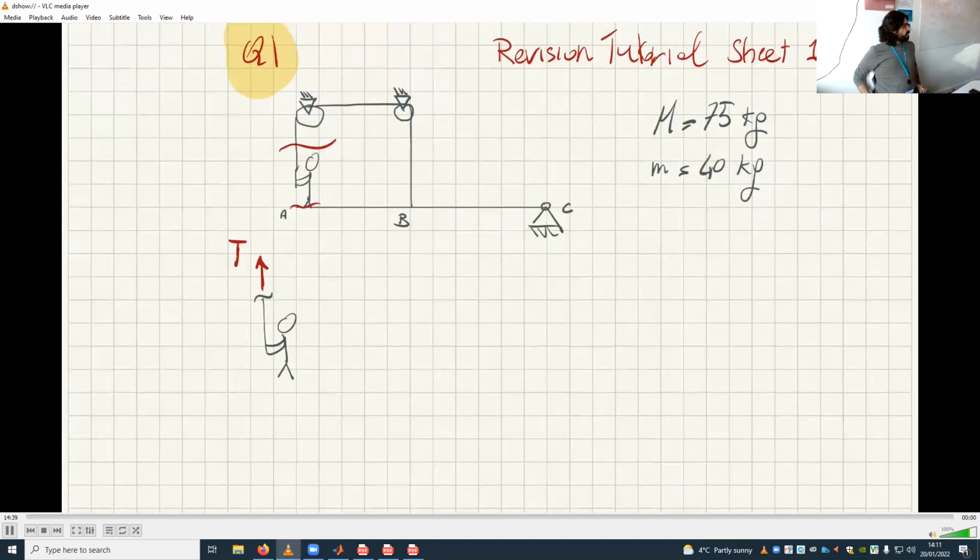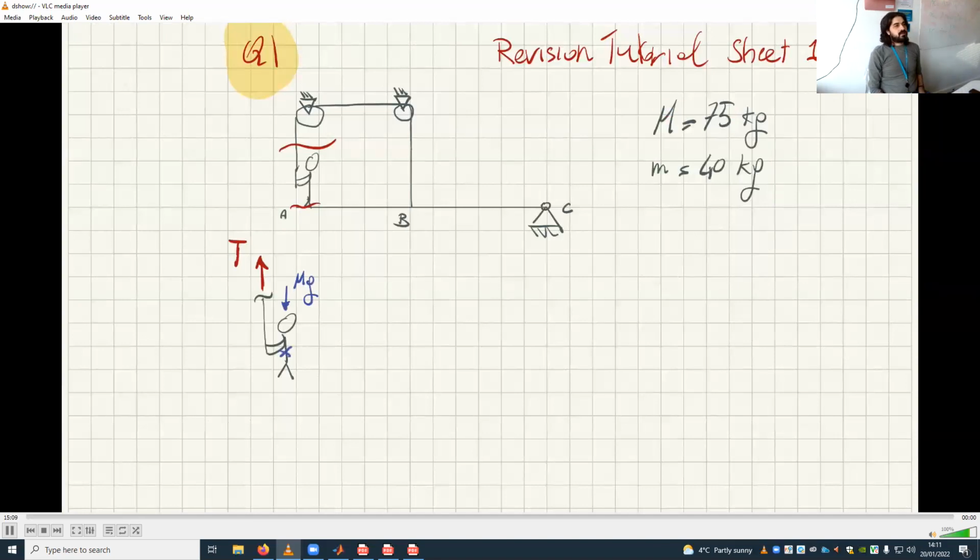What other forces are acting on this person? The weight, because this person has mass. So there will be an active force applied here in the middle, at the center of gravity of the person, of Mg, where M is capital M, because that's how I call the 75 kilograms mass.